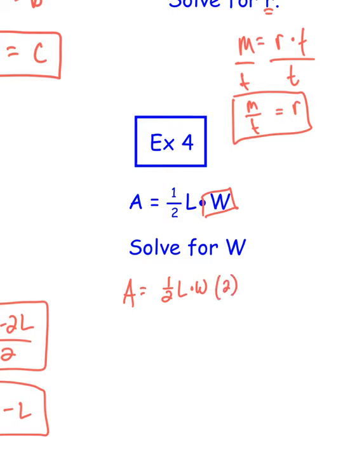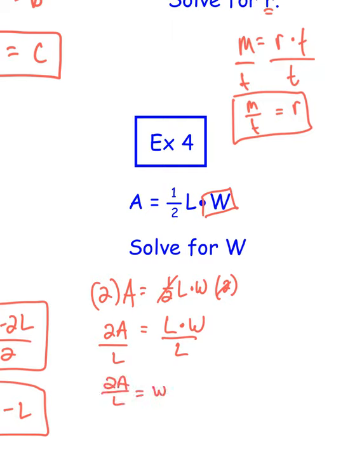So we're going to multiply by 2 on both sides. And the 1/2 and the 2 are going to cancel out. So on the left we have 2A, and on the right we have L times W. Remember, we're trying to solve for W. Since we're multiplying by L, the inverse of that is dividing by L. So we have 2A over L equals W.